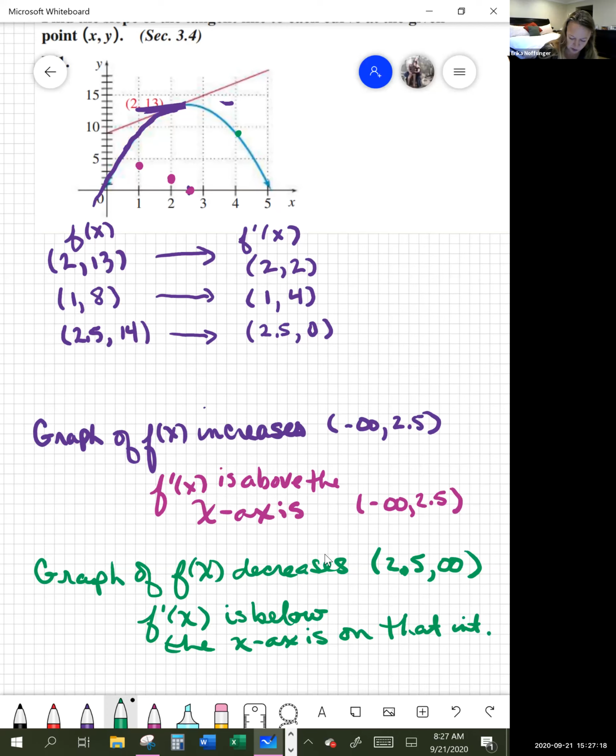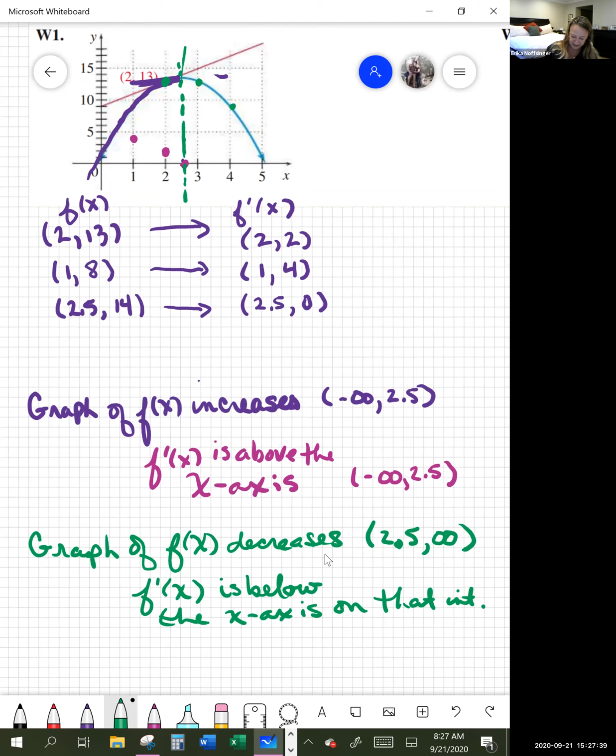If you drew a vertical line at x equals 2.5 and you folded this paper, wouldn't it be symmetrical? So this point right here that was at (2, 13), it should fall right here at (3, 13). So I know I have a point at (3, 13) on f of x.